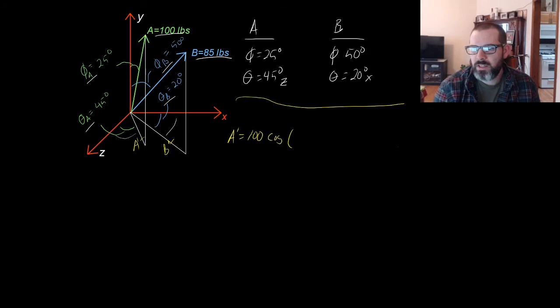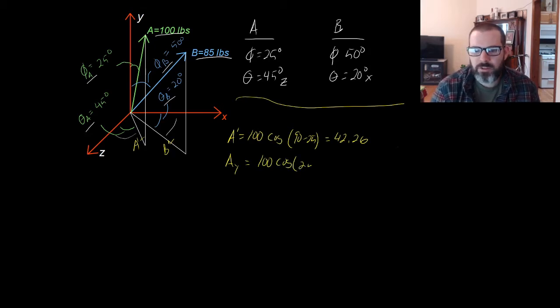So this will be 90 minus 25, and it will be equal to 42.26. The rectangular component in the y just uses the azimuth angle. This is AY equals 100 cosine of 25, which equals 90.63.